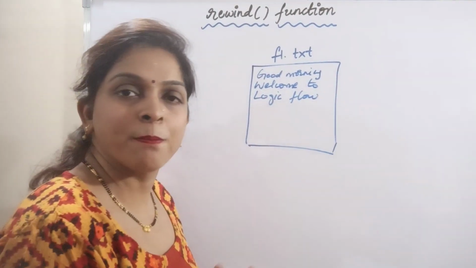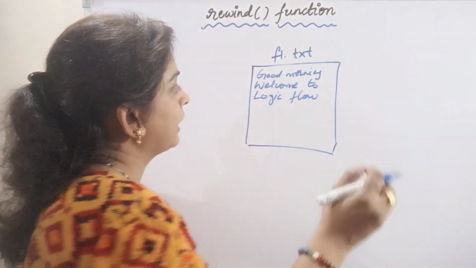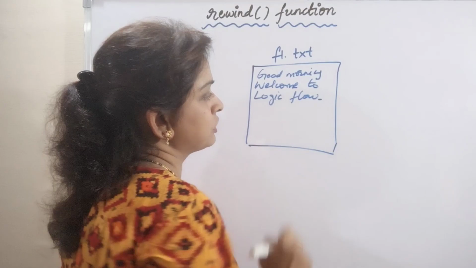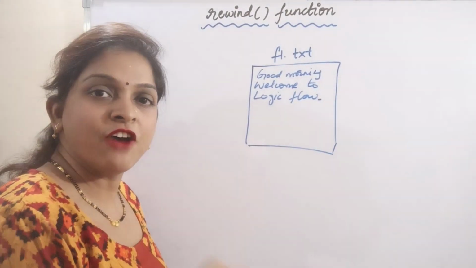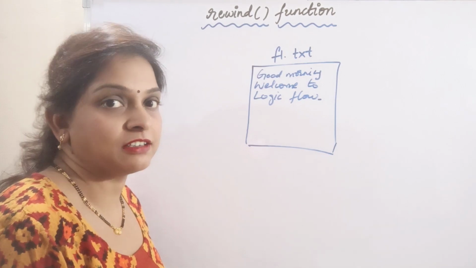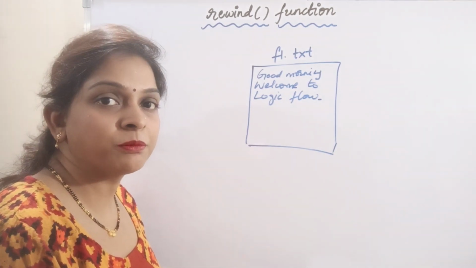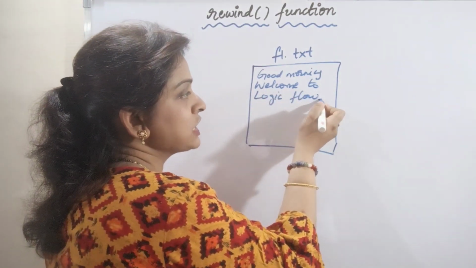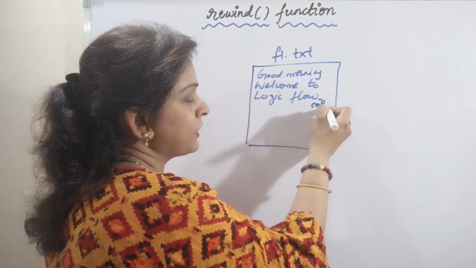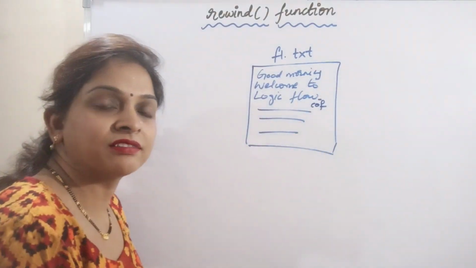So I have opened this file and I have written the content into this file and the pointer will be pointing to this location. After writing, if I immediately say read the content from the file, the pointer will be at the last position, at the end of the file, and it will move forward and it has to read, but there is nothing to read.